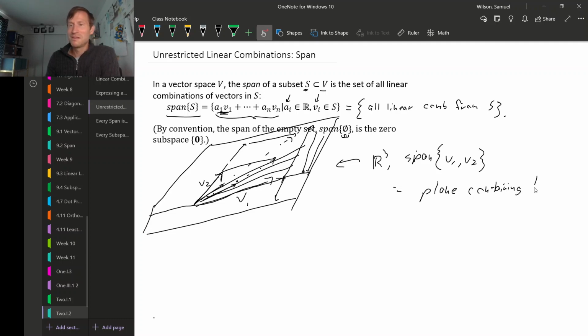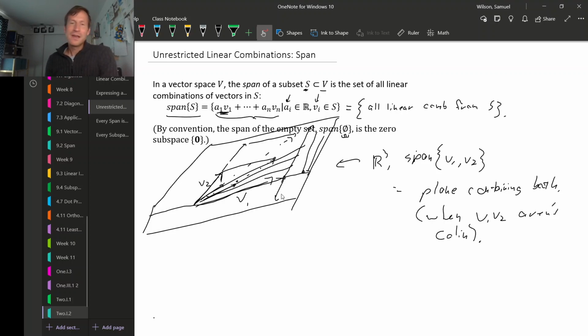Although there is an important caveat here: it's the plane that contains them both when V1 and V2 aren't collinear. If they're collinear, then the span actually turns out to be just a line.